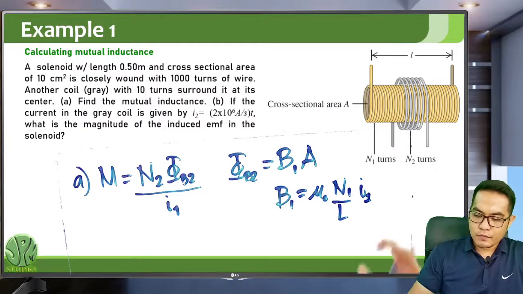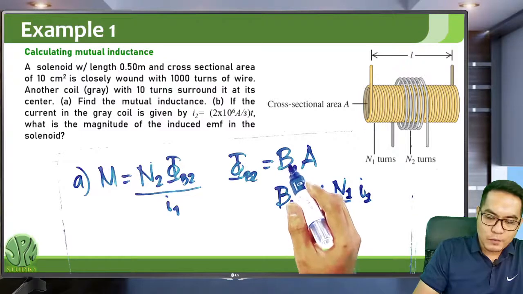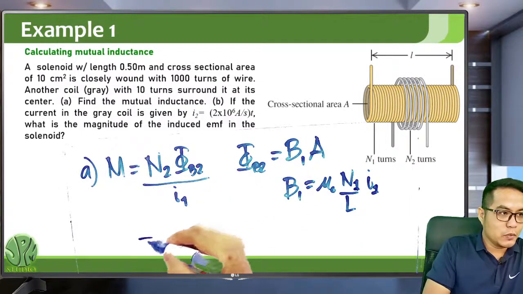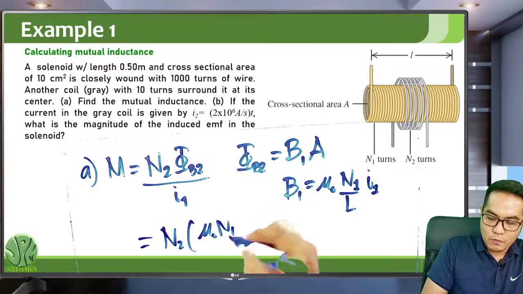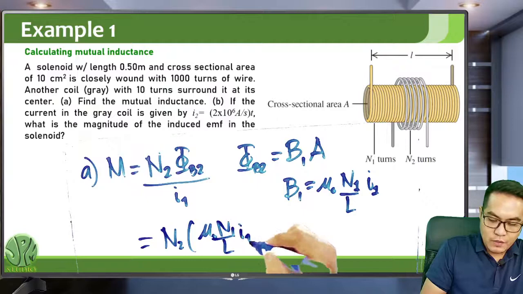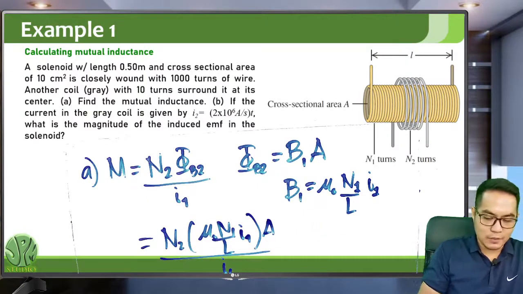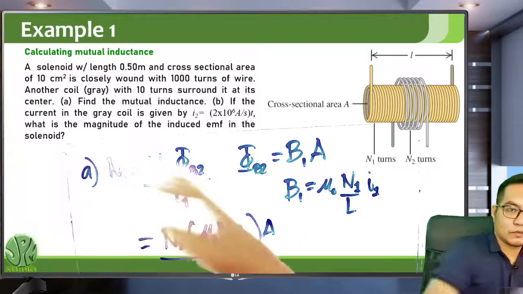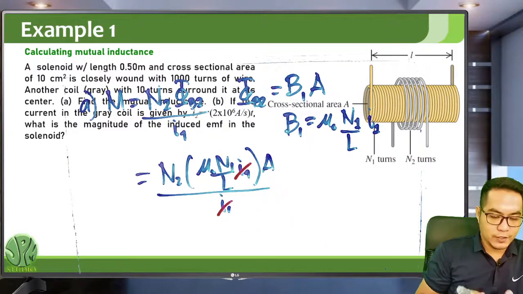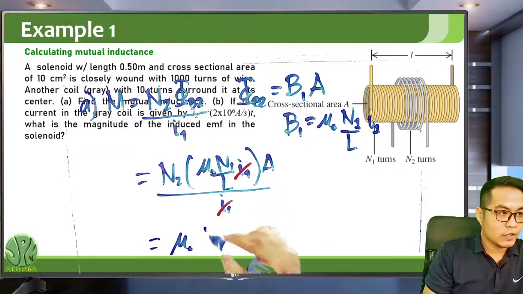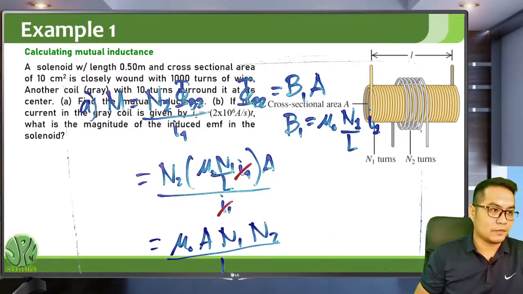So we substitute this into that, and we get N2 times mu naught N1 over L I1 times A, over I1. So I1 will cancel out, and you are left with mu naught A N1 N2 over L.